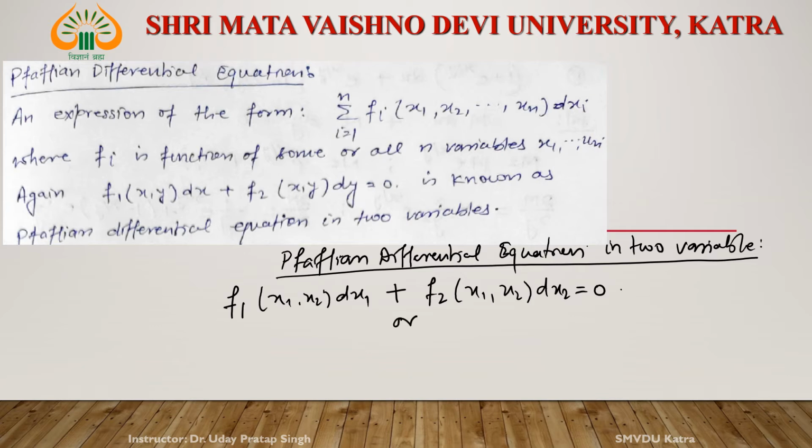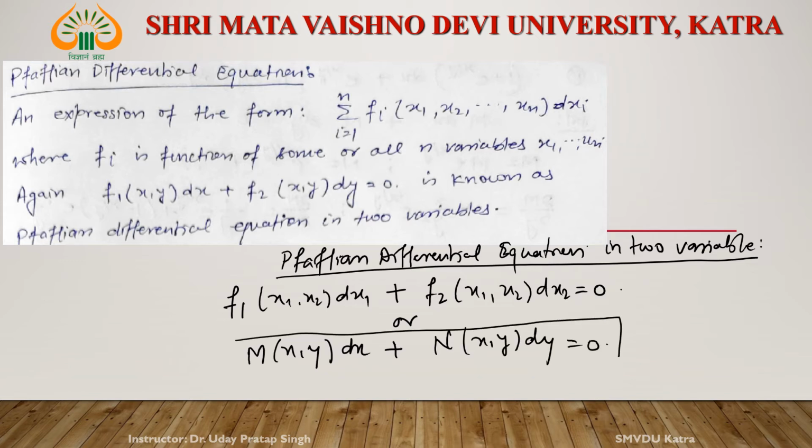Or this thing can be written as M(x,y) dx plus N(x,y) dy equal to 0. This is a Pfaffian differential equation in two variables. Now this Pfaffian differential equation in two variables is said to be exact. When is it said to be exact?